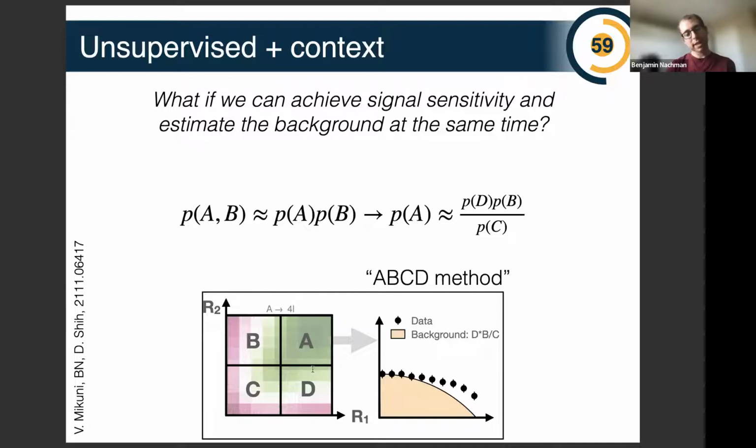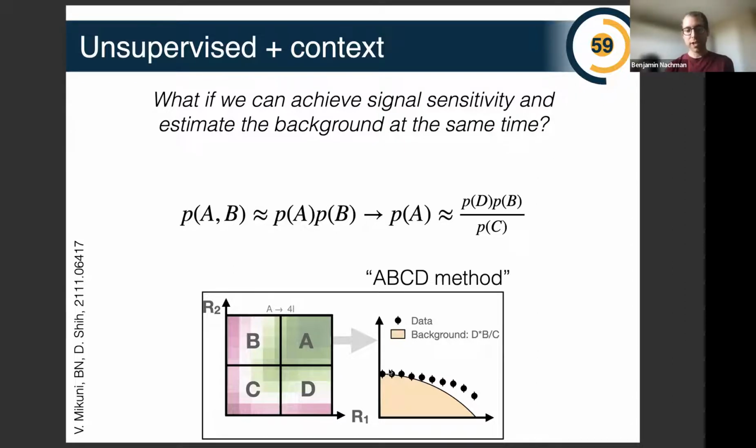Because they're independent, I can take, for instance, the counts in region D, multiply it by the counts of B over the counts in C, and that will give me the counts in A for the background.